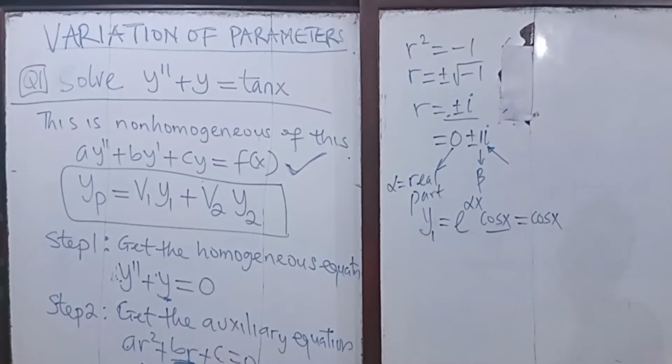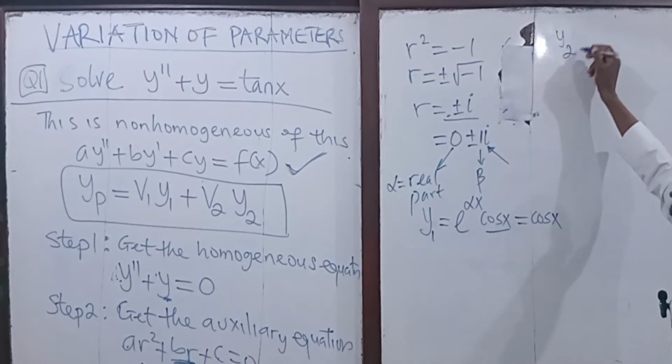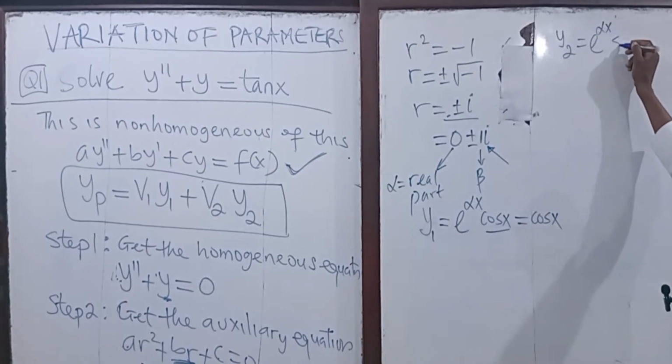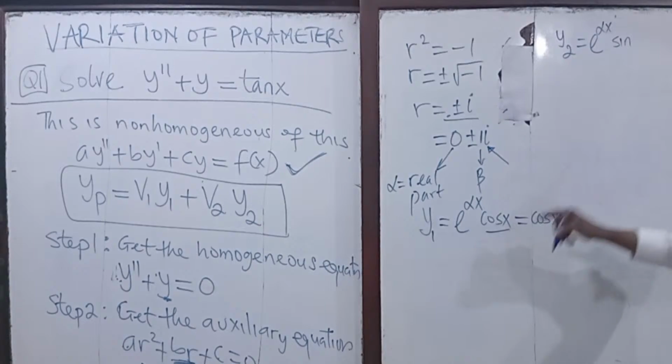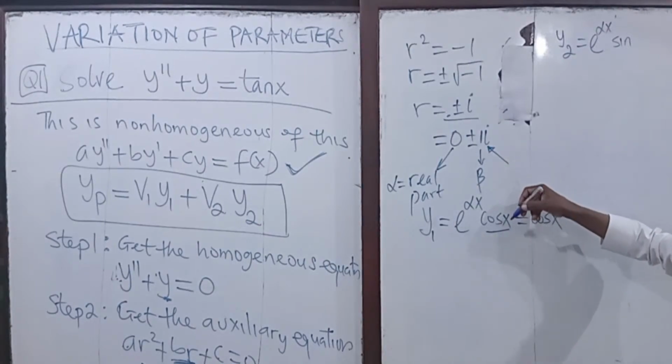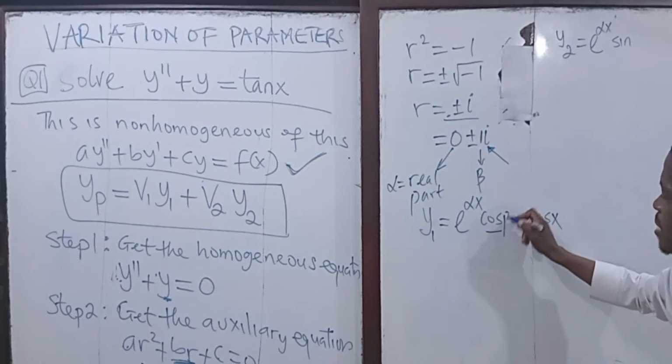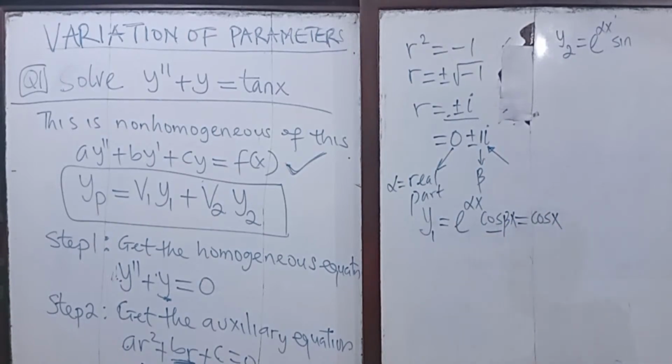That's your y1. Then your y2 is e to the alpha x sine x. The general solution is cos beta x.